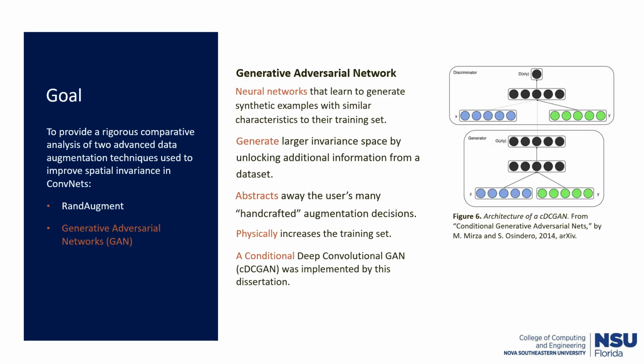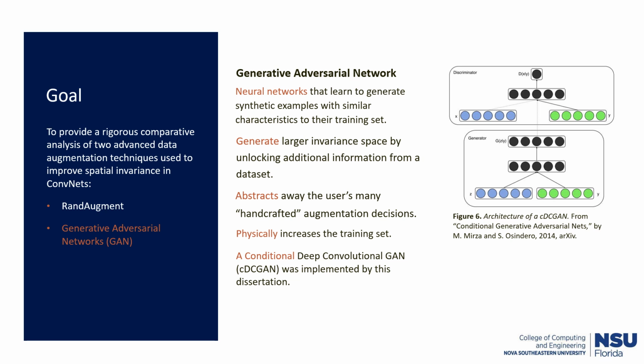Now, on the other hand, generative adversarial networks are neural networks that are used to generate synthetic examples after they were trained on some training set. The idea with GANs is that they increase the invariant space by unlocking additional information from a data set. That's the idea behind them as a data augmentation technique.